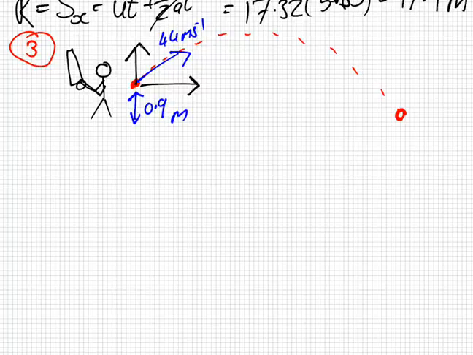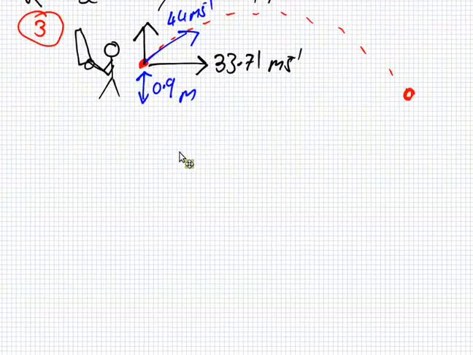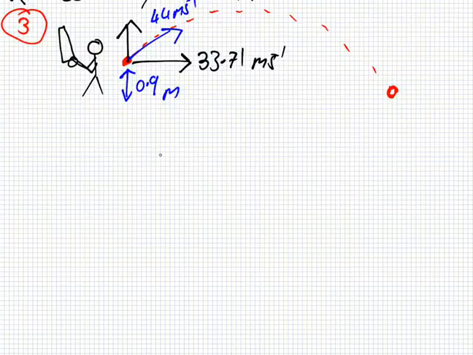What's the name of this equation? Do you know? Begins with a Q. Quadratic. So you get two answers here. The first answer is 5.65.